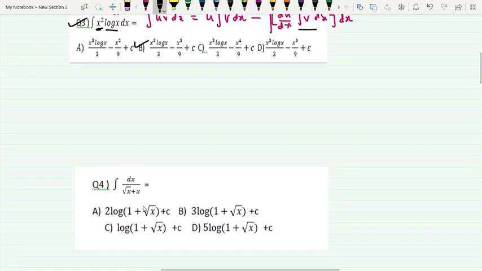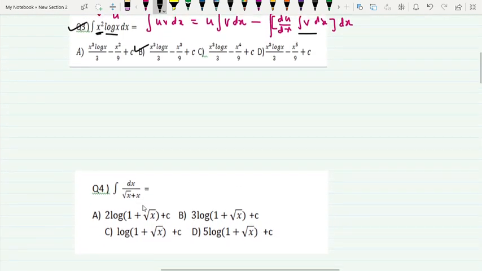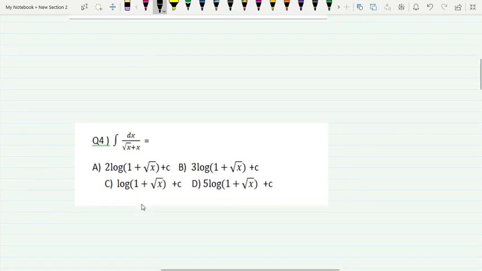Now the next question is question number 4. This question number 4 is again on integration. From here we take root of x common. So integral I will be equal to, taking root x common, dx. From this we are taking root x outside.